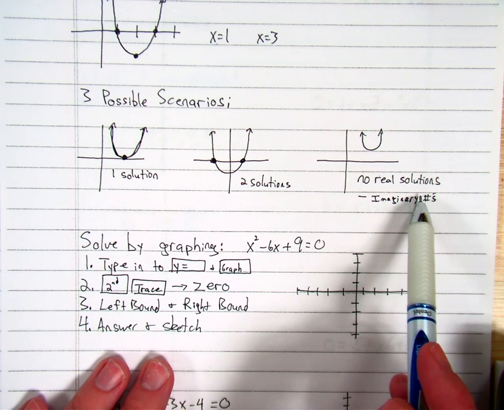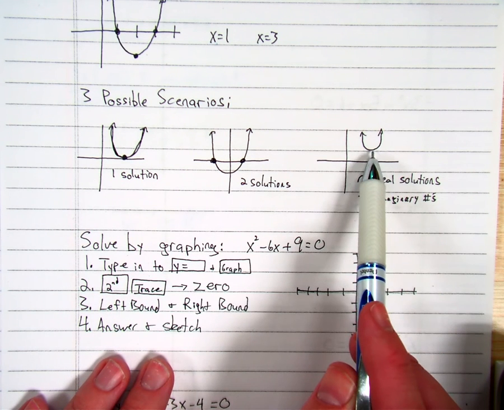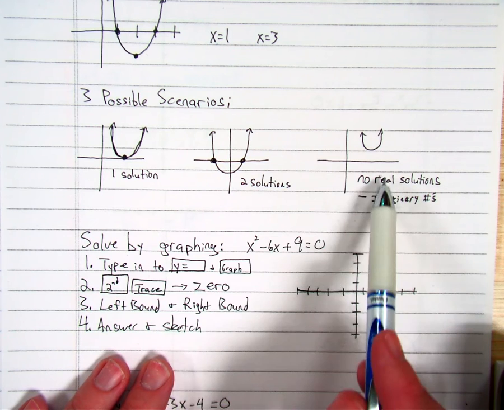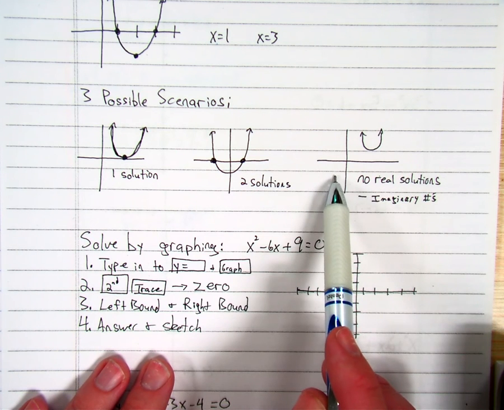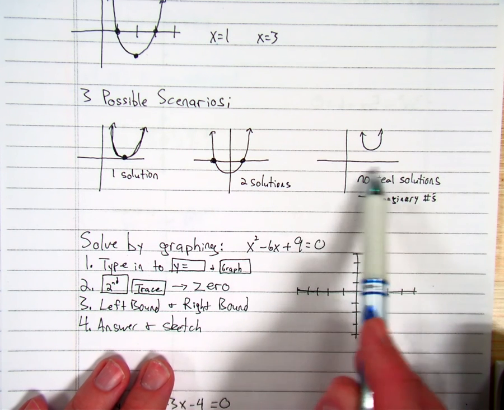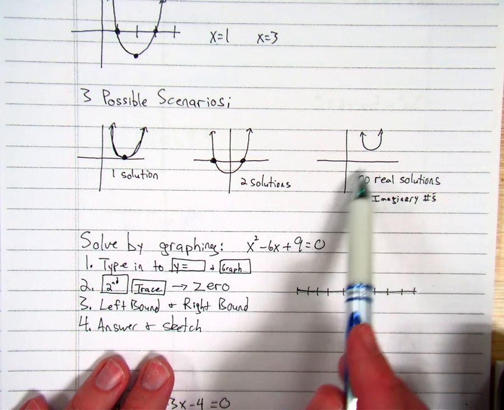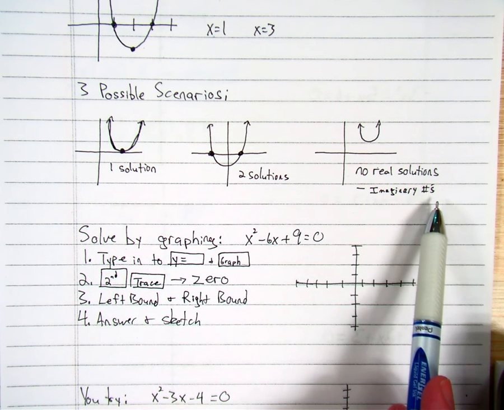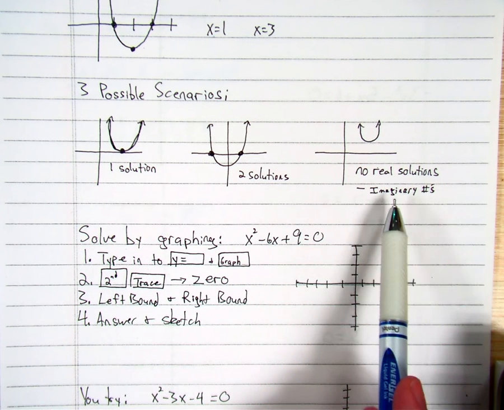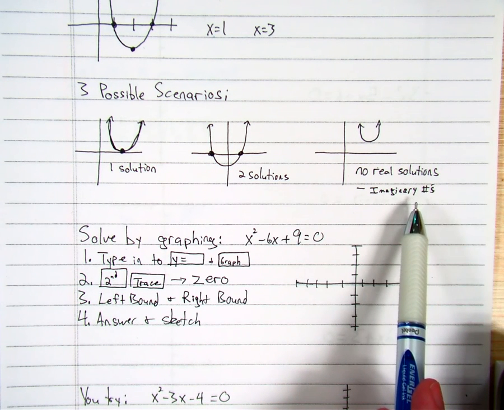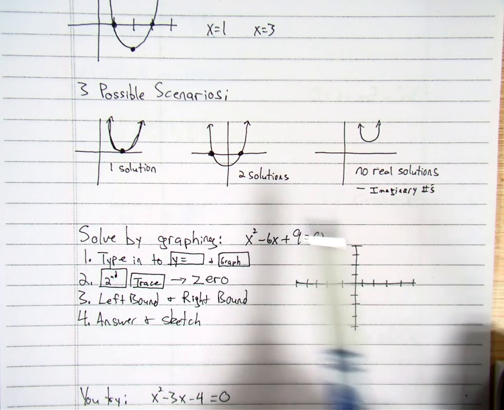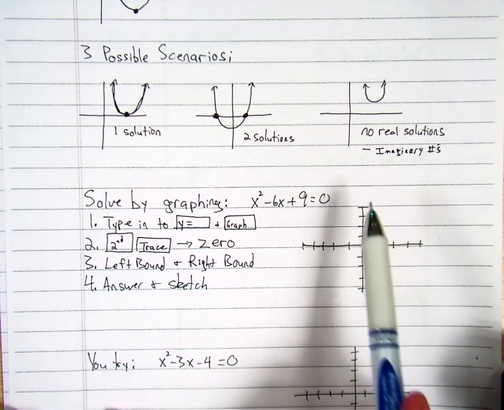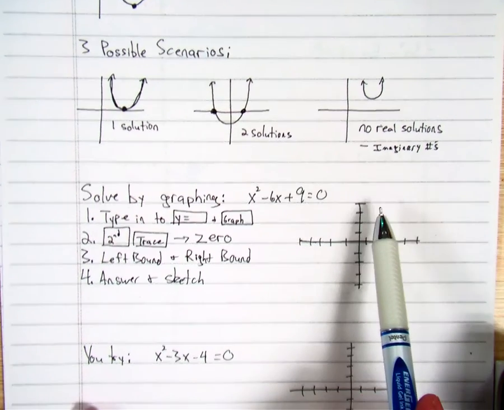No real solutions if we're above the x-axis going up, or if our parabola starts below the x-axis and goes down, because we won't touch the x-axis, so there are no real solutions. This is going to bring us to imaginary numbers, which we'll learn more about later when we get to solving algebraically. But for now, we're just going to do the graphical analysis here.